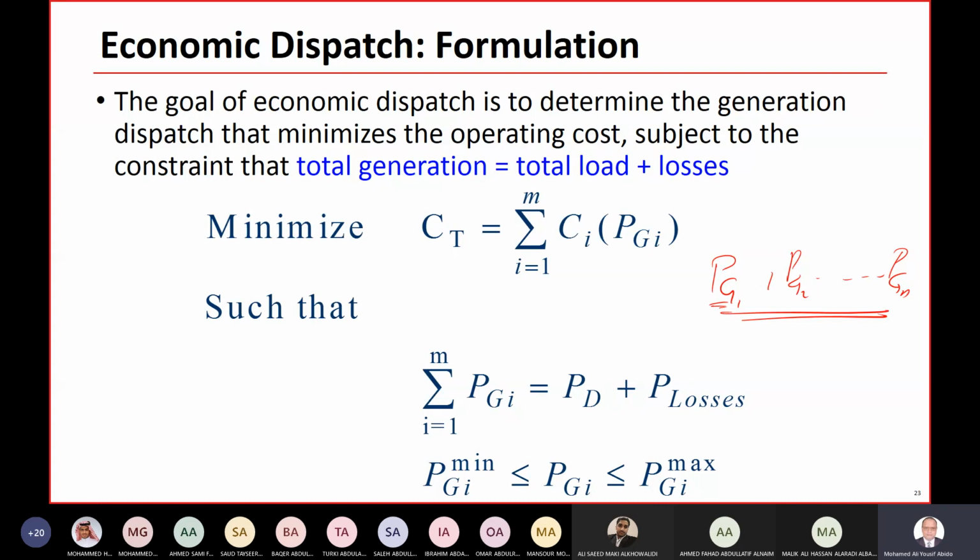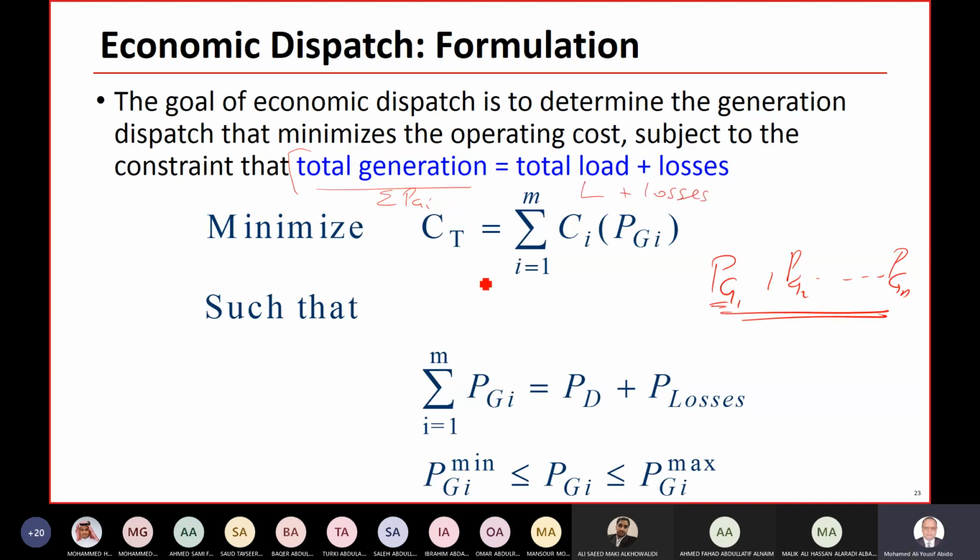The goal of the economic dispatch is to determine the generation dispatch that minimizes the operating cost, subject to constraints on total generation. This equality constraint must be satisfied: the total generation, the summation of all PGs, equals the load plus losses.